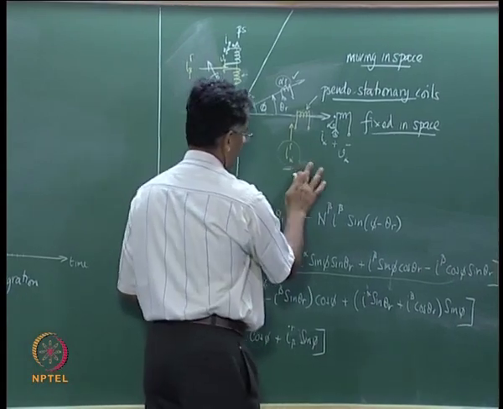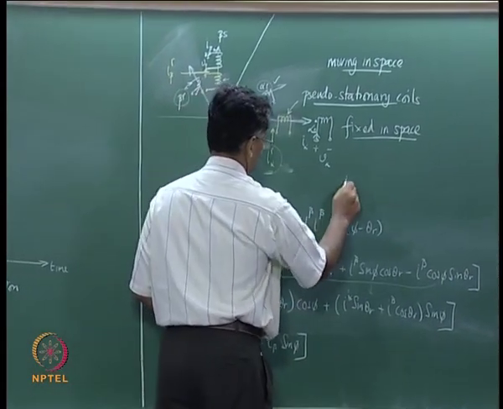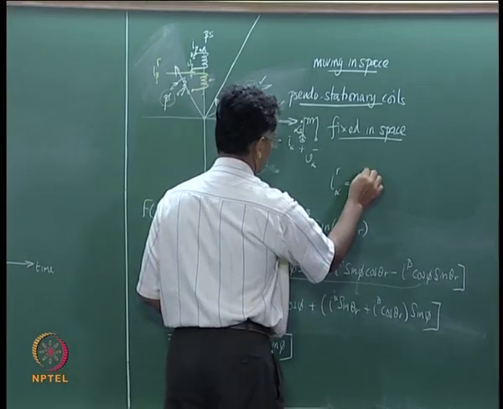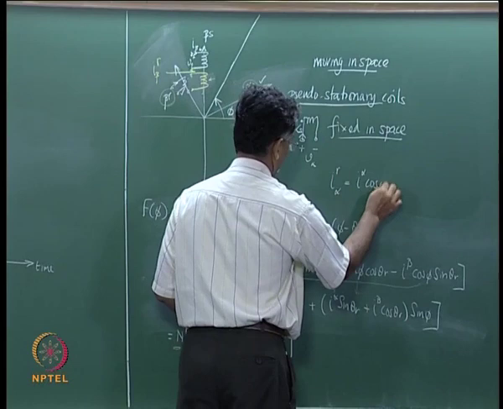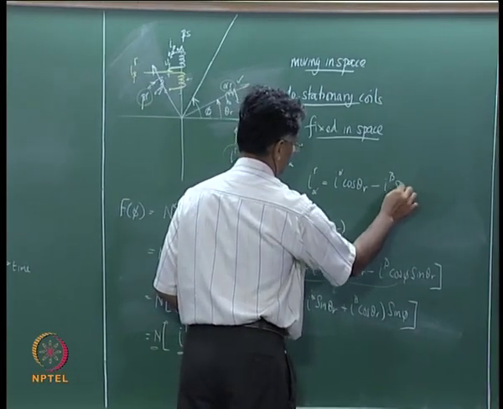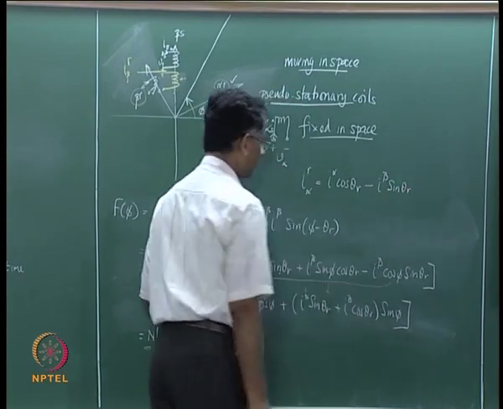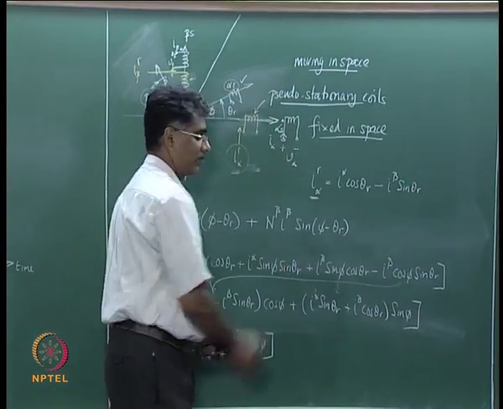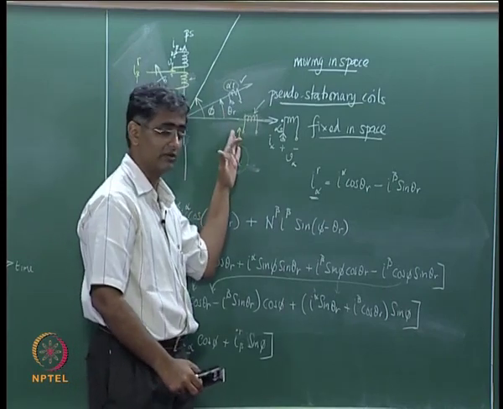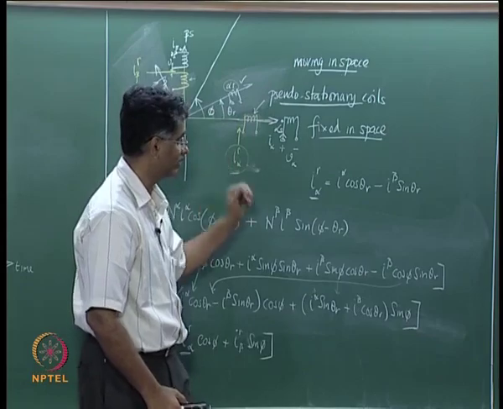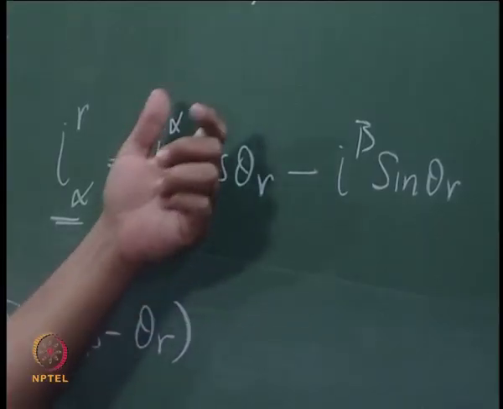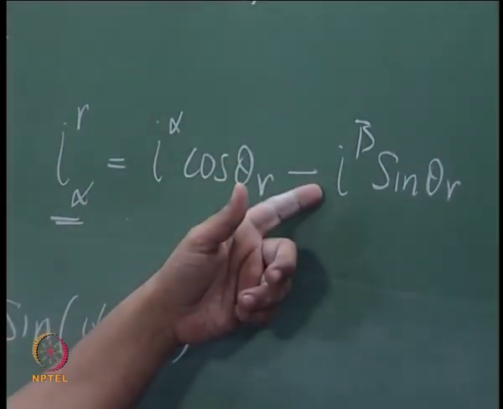Now, I r alpha is I alpha cos theta r minus I beta sin theta r. That means this fictitious current flowing into this fictitious stationary coil, or the pseudo stationary coil, is a result of both the currents I alpha and I beta.